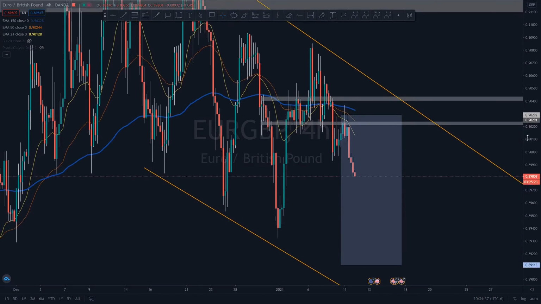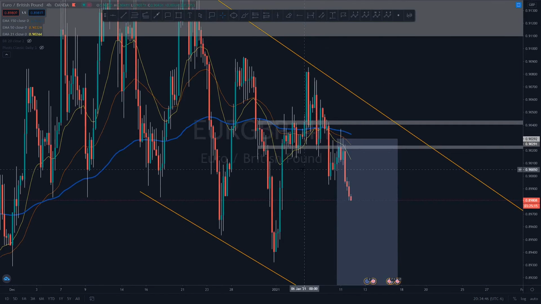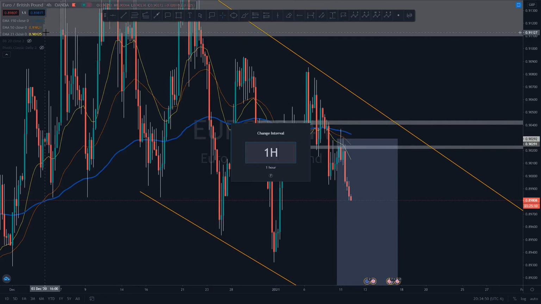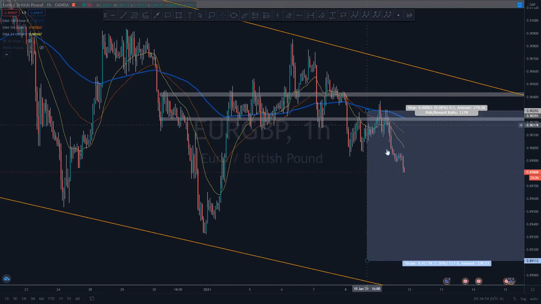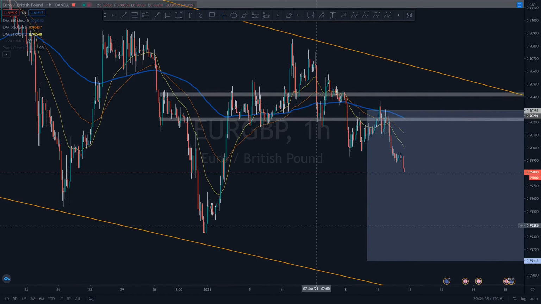I created my zones. Resistance zone, support zone, whatever. I saw price coming up to it, right? And then I just waited for my entry. I waited for it to respect my little trends, my EMAs here, gave me a confirmation, and then I just pulled the trigger.